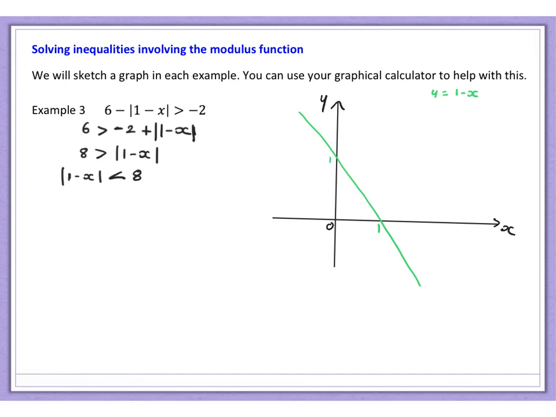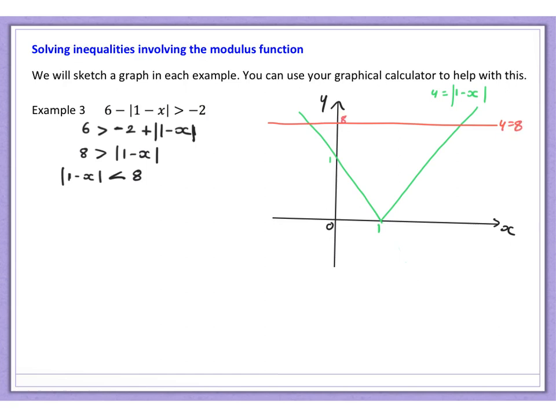But of course I want the modulus, so I want to reflect up this negative portion, and there I have the correct answer. And what I'm going to do is just remove this portion here. There, we have it. So we then want to draw on the graph of y equals 8. Notice this is not to scale. So there's the graph of y equals 8, and there's 8 on the y-axis.